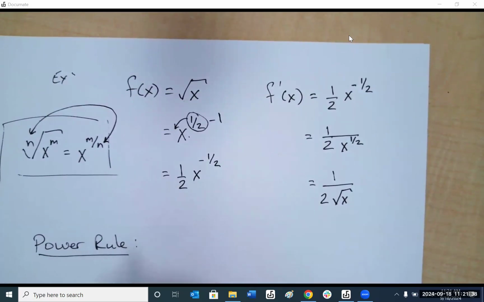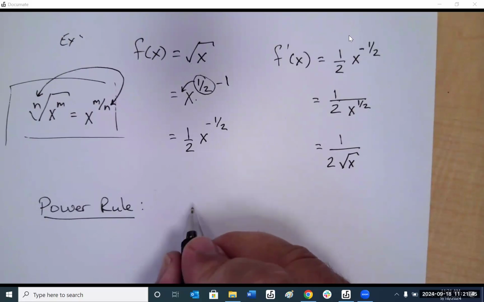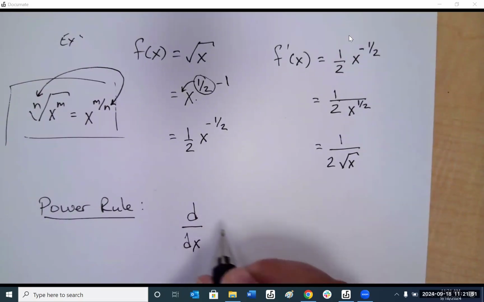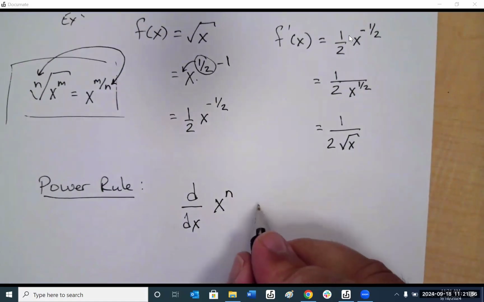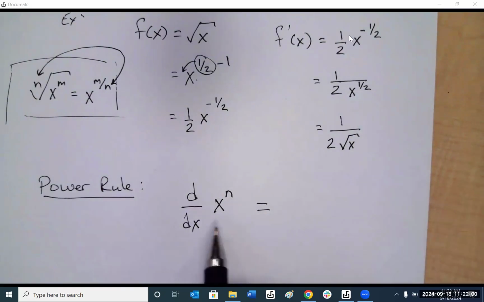So here's the power rule of differentiation. What does this mean?